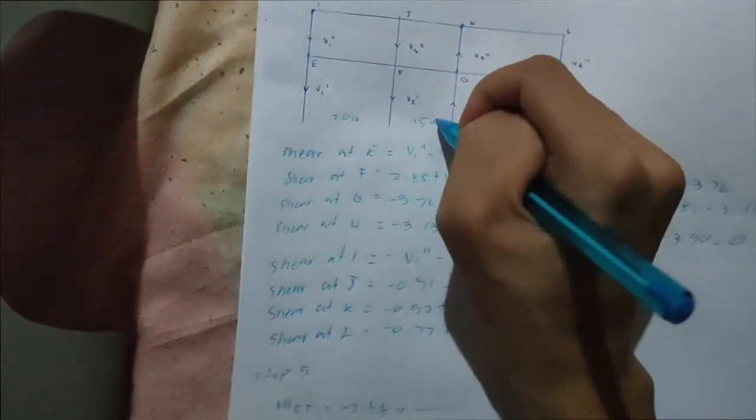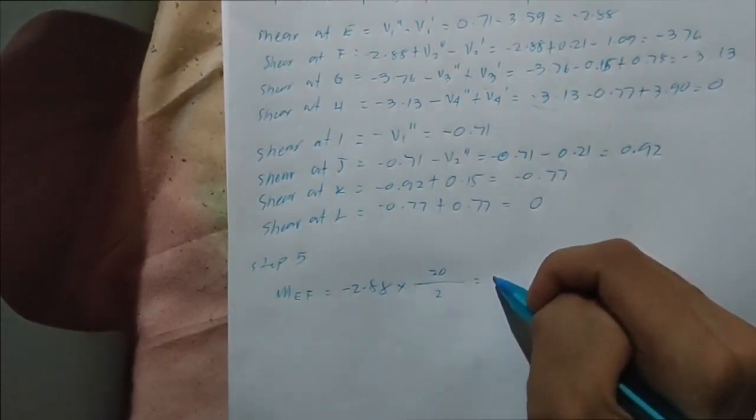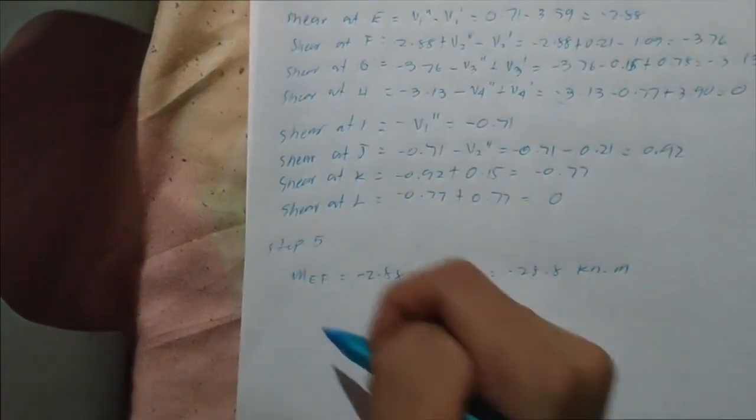Here is 15 meters, then here is 25 meters. 20 meters over 2 is equal to negative 28.8 kilonewton meter.